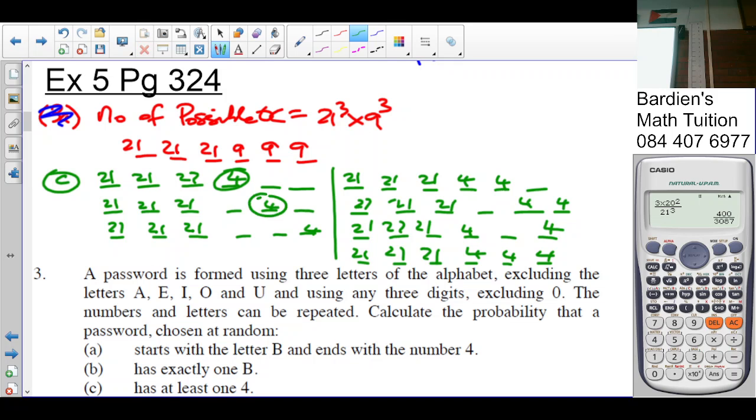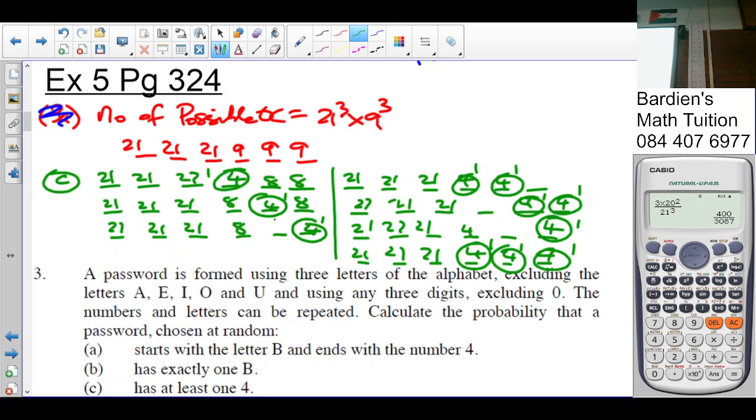These are the number 4, no? So which means to say when there's a number 4, we have only 1 option. Okay? So that is 1. You're going to work out the probability here. Okay, because there's 1 number. How many options do I have here? Eight, eight, eight options.